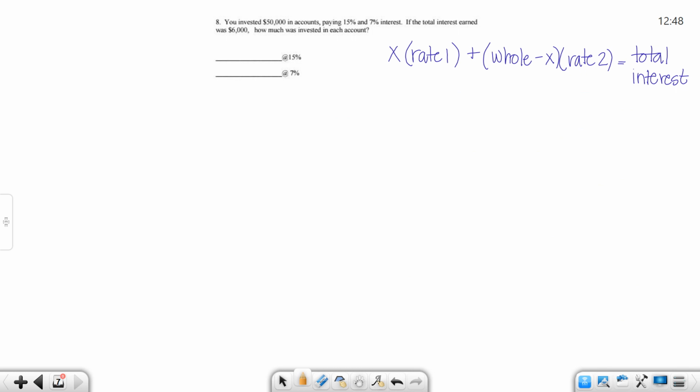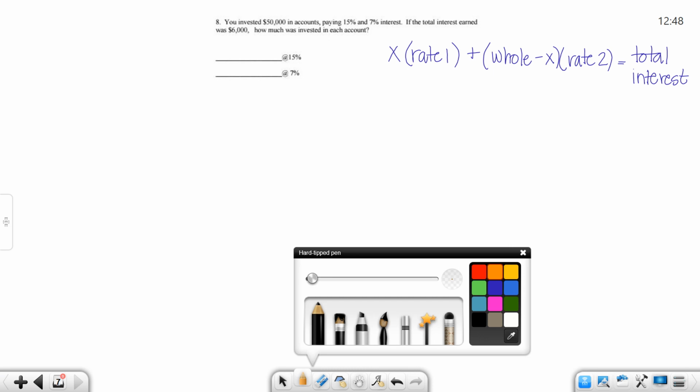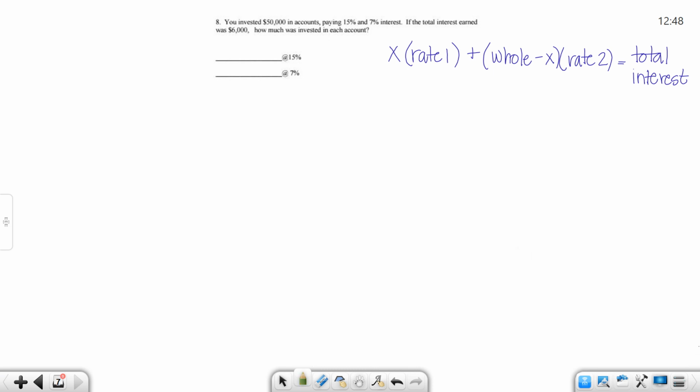Okay, so here's our template. I went ahead and put that up there. I am going to let X go with 15% because I see that one written first. X is the amount invested at 15%.